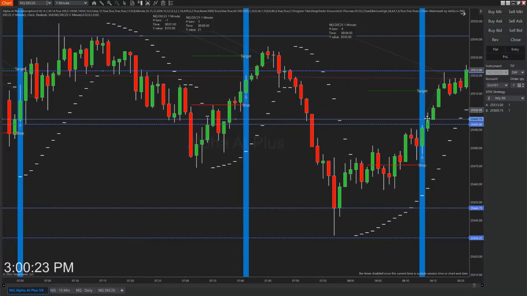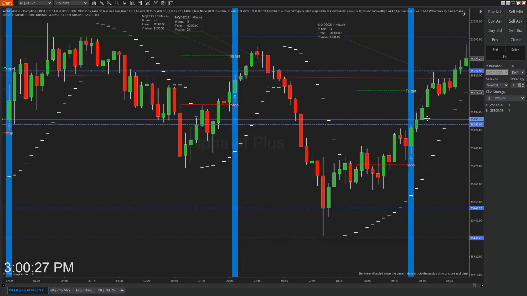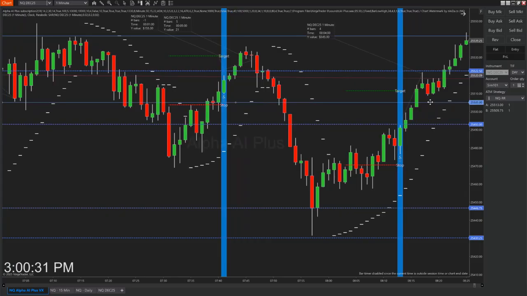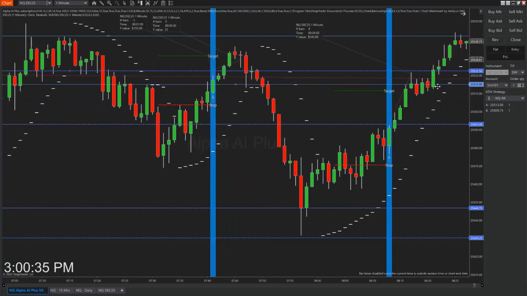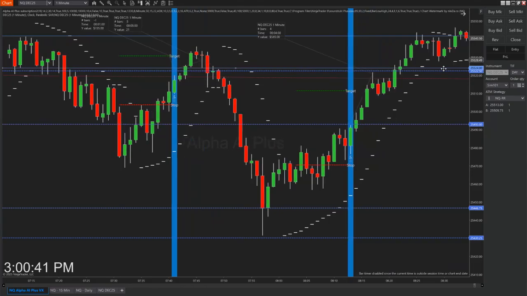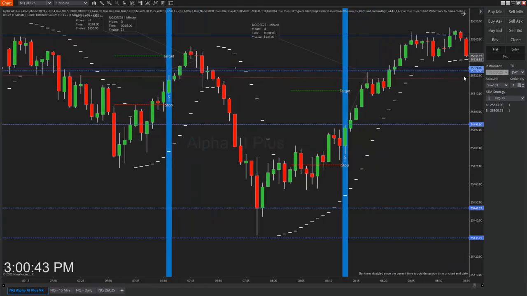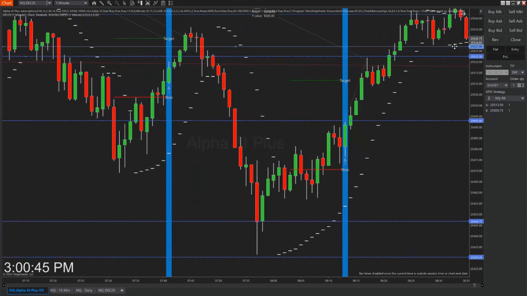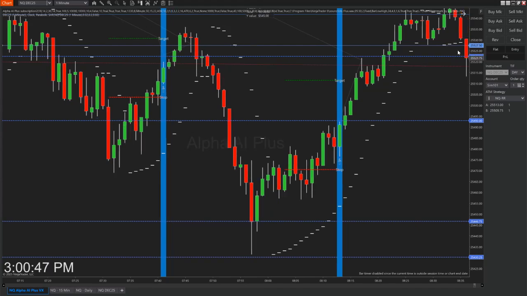Because I'm in the money now, I want to catch more profit. So I'm going to keep moving. Now my stop loss is the second one, right here. Still moving. I didn't do anything. Now my stop loss is at the second one, right here. Hit my stop. See how many ticks I'm making on this trade?